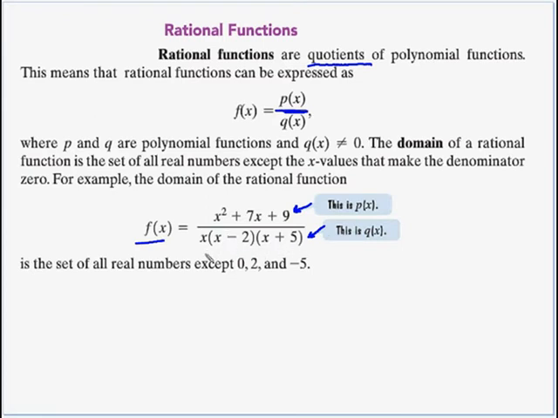Well, if we were to take each of these factors and set them separately equal to 0, we would find the x's that zero out the whole denominator. If we set that factor to 0, we get 0. X minus 2 equal to 0, we get 2. X plus 5 equal to 0, we get negative 5. So those are the three x values that would zero out our denominator, and therefore they are not part of our domain.